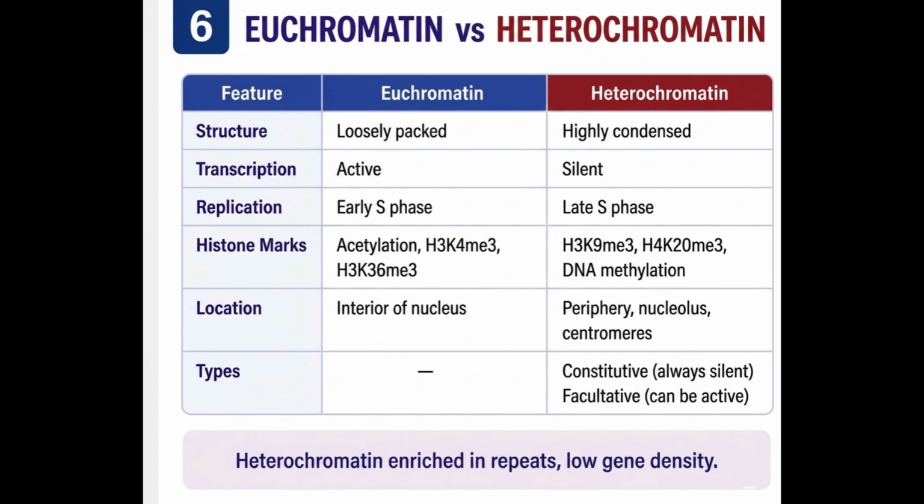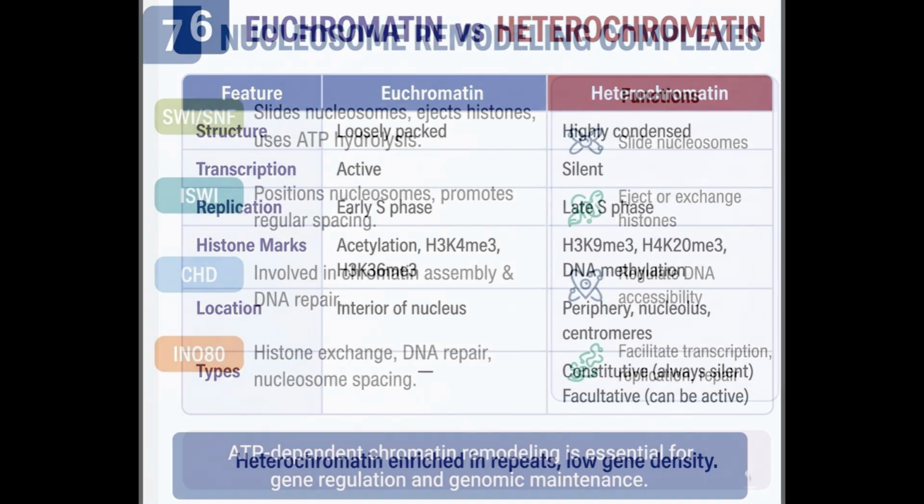It contains repressive marks such as H3K9 methylation and DNA methylation. Heterochromatin can be constitutive, which remains permanently condensed, or facultative, which can reversibly switch between active and inactive states. Thus, chromatin organization directly influences gene expression.